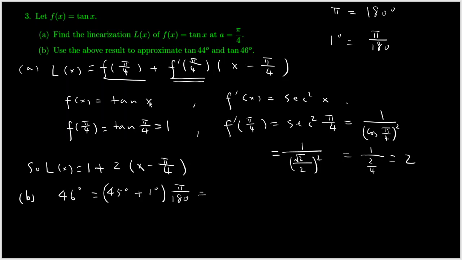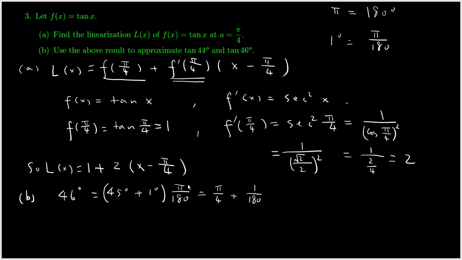So do you see the final answer is pi over 4 plus 1 over 180? That's how I want to make the connection. I'm trying to say 46 degrees is equal to pi over 4 plus 1 over 180 radians.